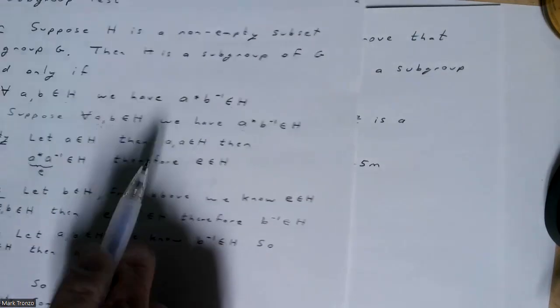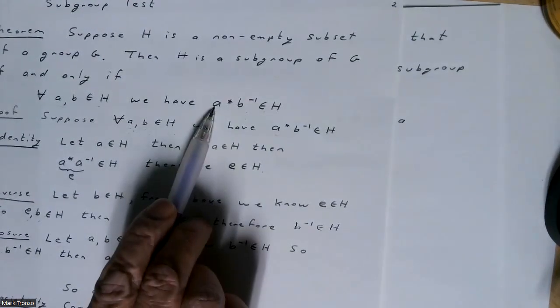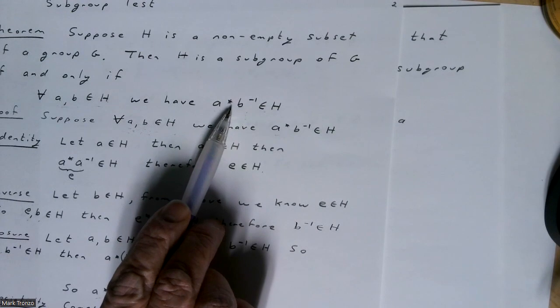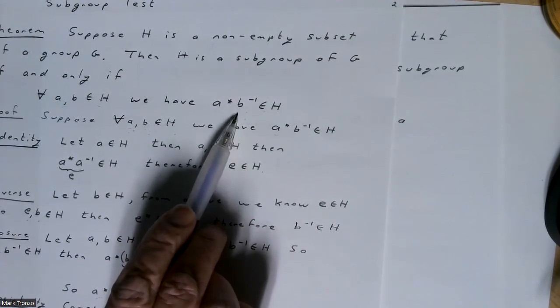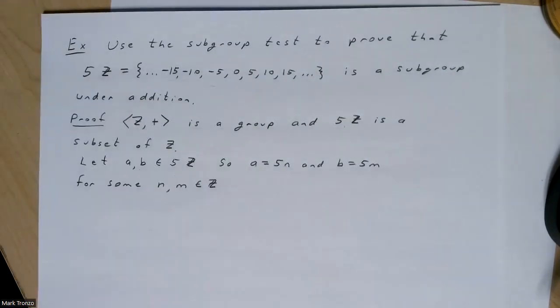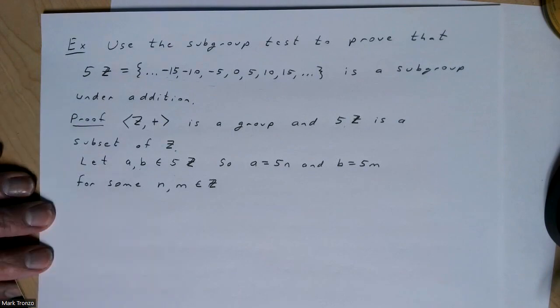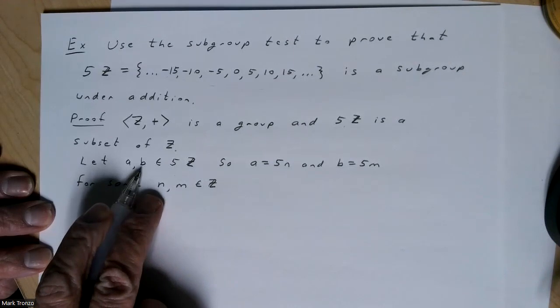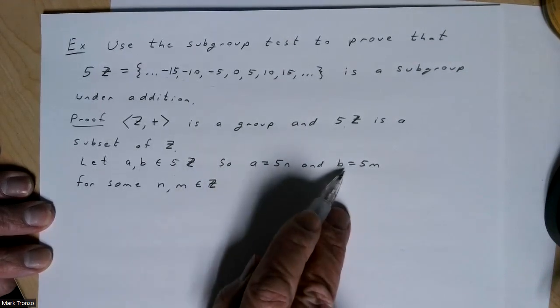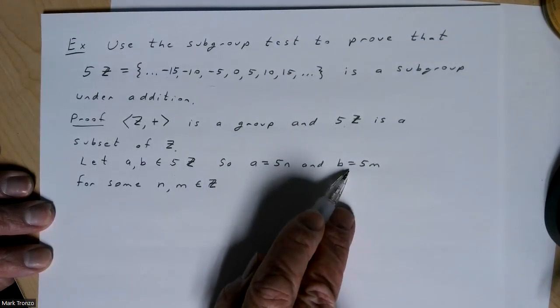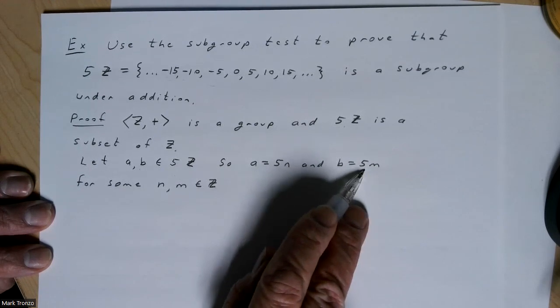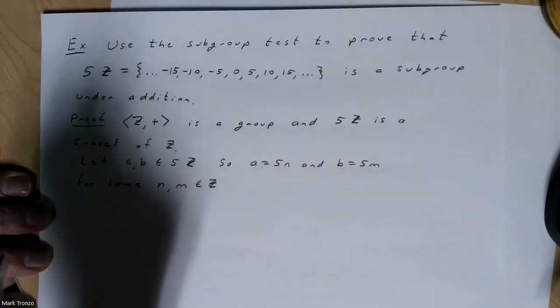We have to show that A with our star, in our case, the star is addition, plus B inverse is in 5Z. And now what is B inverse? If this is B, what do we have to add to this to get our identity, to get 0? Of course, that's going to be negative 5m.